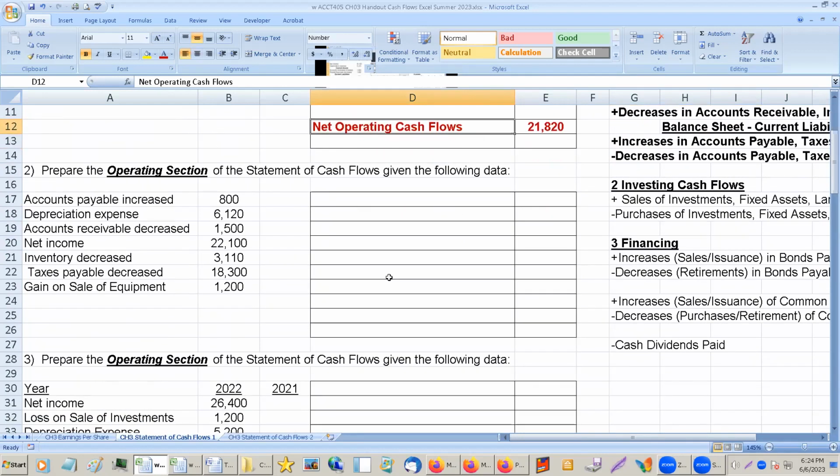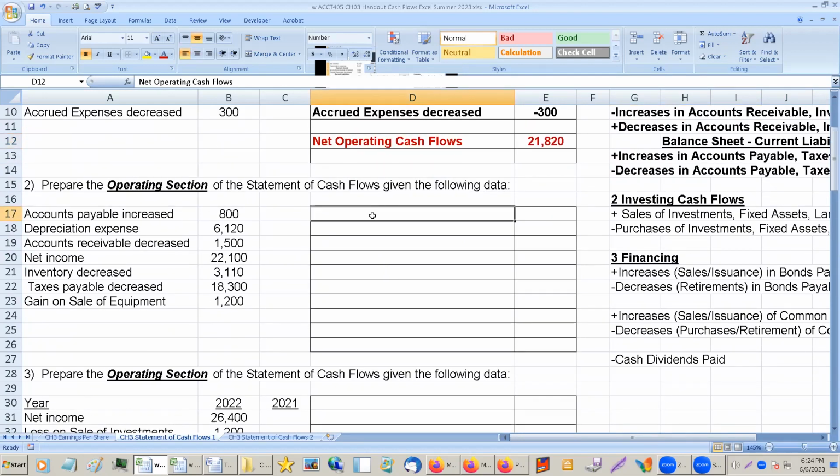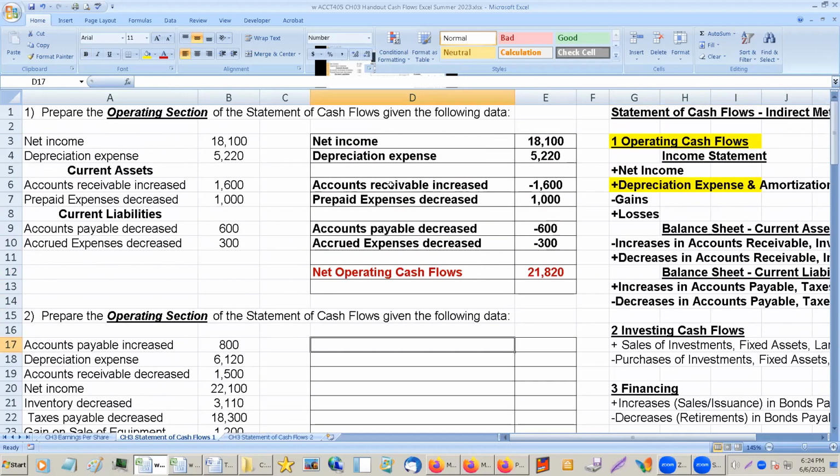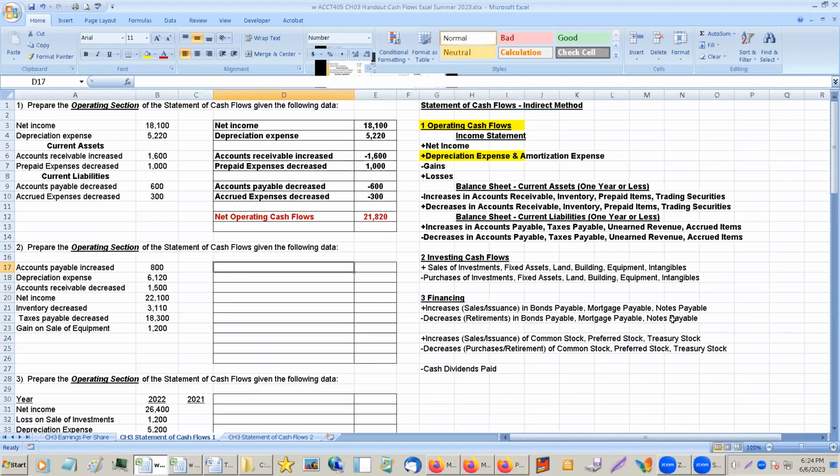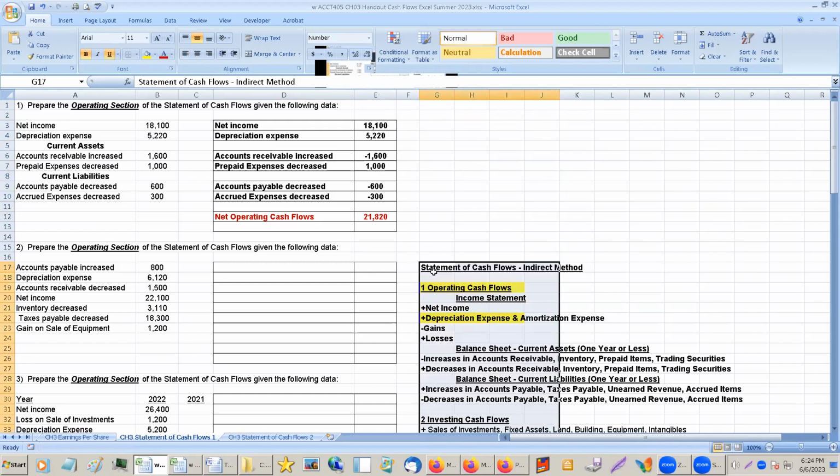All right, let's do another one. Let's see here. Operating section. Okay, so we basically start out the same. All right, so we're going to do the same thing. I'm going to move this down. One second. Oh, you know what I could do?